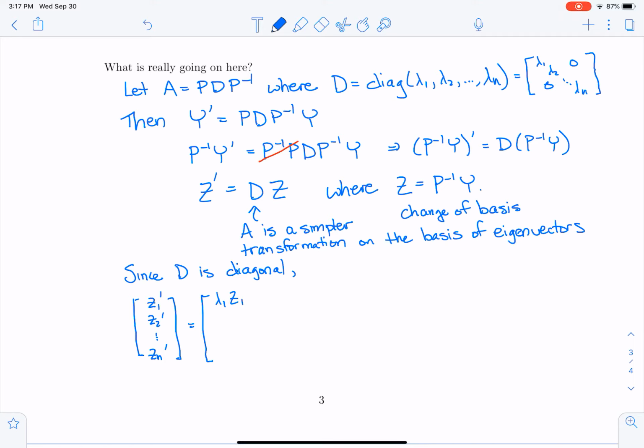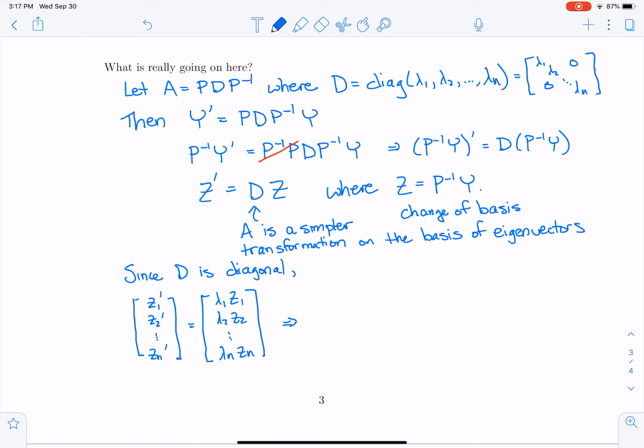When we multiply D, the diagonal matrix, times z, we will get lambda 1 z1, lambda 2 z2, all the way down to lambda n zn. And so what we have is n differential equations that no longer depend on each other.